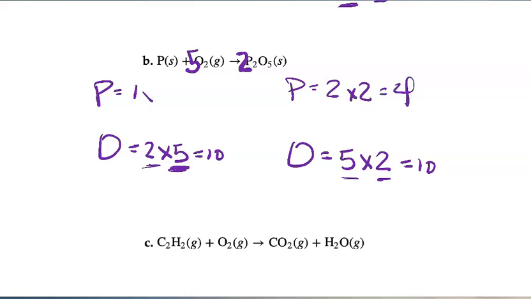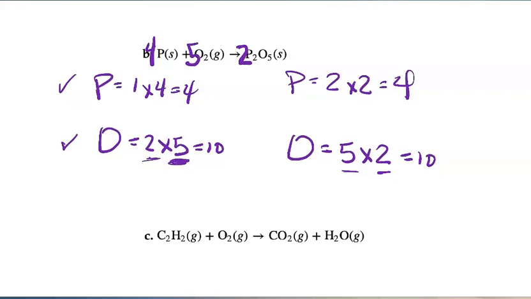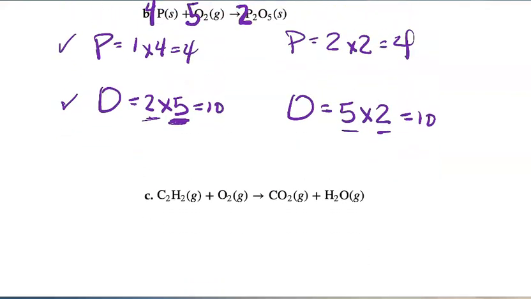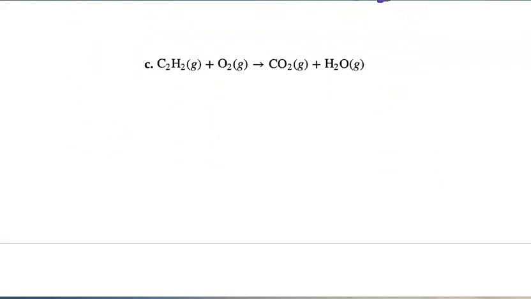Now I know I need to bring my phosphorus up, so if I multiply that times 4, I'm going to get 4. And there I have my balanced chemical equation, because my phosphorus I have equal numbers and my oxygen I have equal numbers. And just be careful that you don't need to reduce. So in this one it's good, but it's a good idea to watch that. Okay, so let's try one a little bit harder.